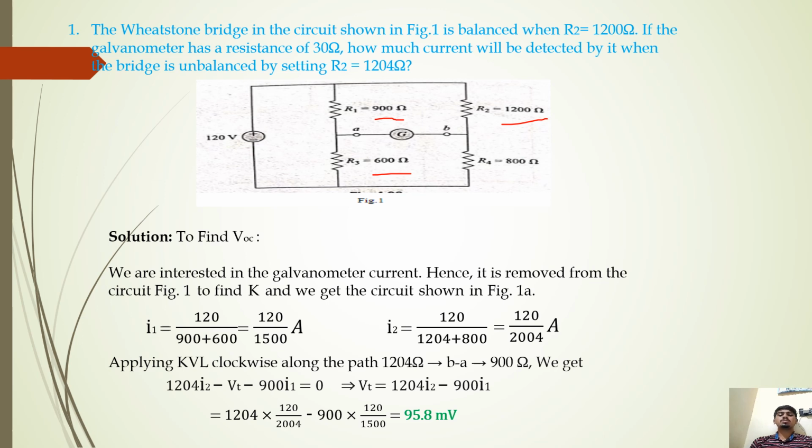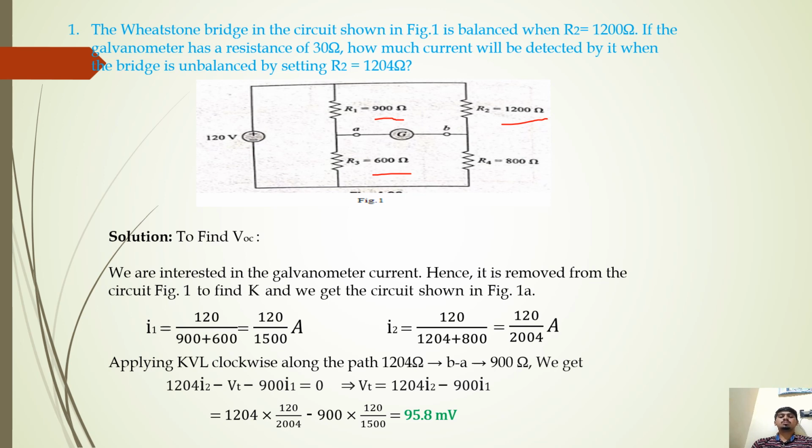And I2 is equal to 120 by 1204 plus 800, is equal to 120 by 2004 ampere. Applying KVL clockwise along the path, we get 1204 I2 minus Vt minus 900 I1 is equal to 0.